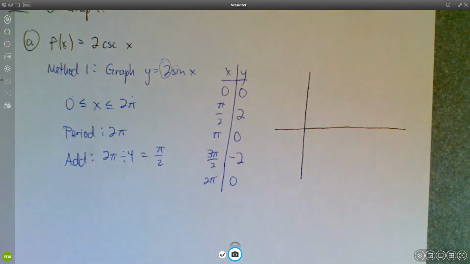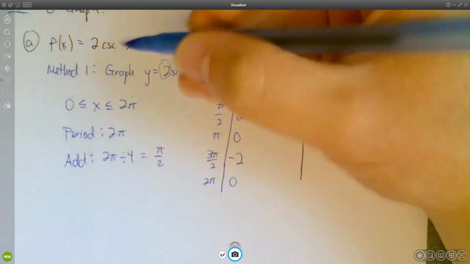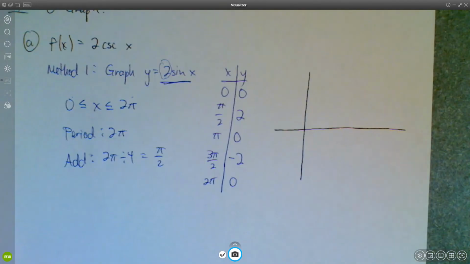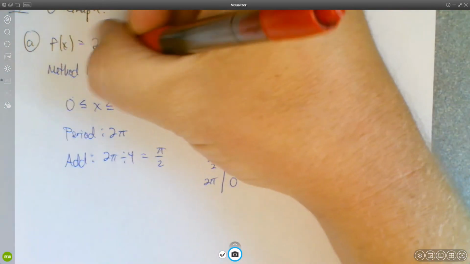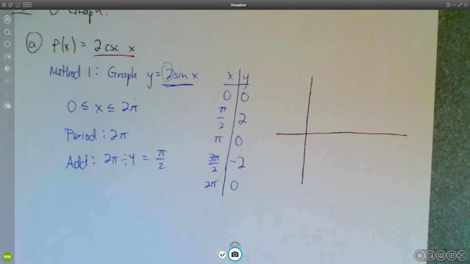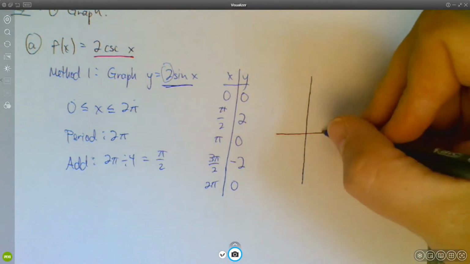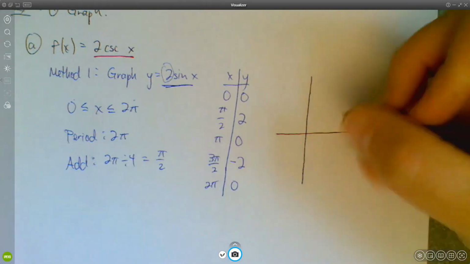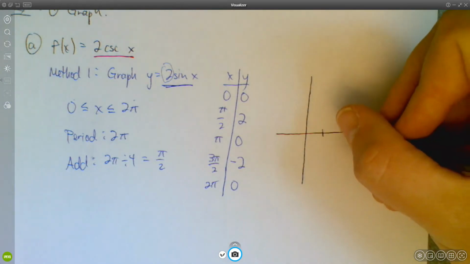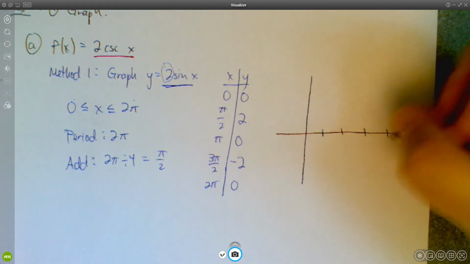I'll do the sine function in blue, and then I'll do the actual cosecant function in red, so that you can see the difference. So we're going to have pi over 2, pi, 3 pi over 2, 2 pi.